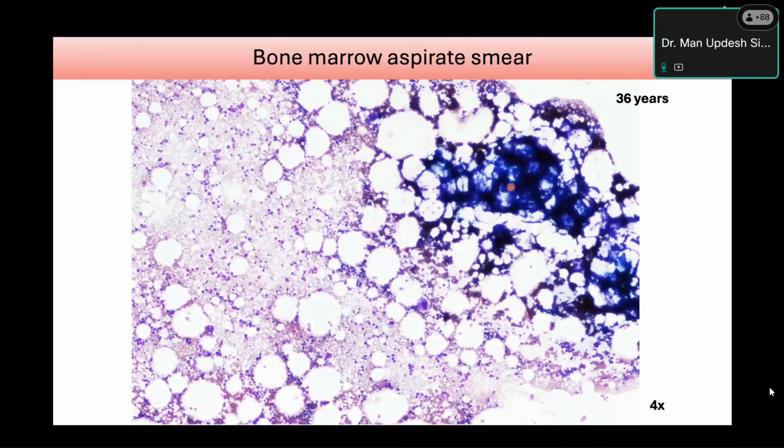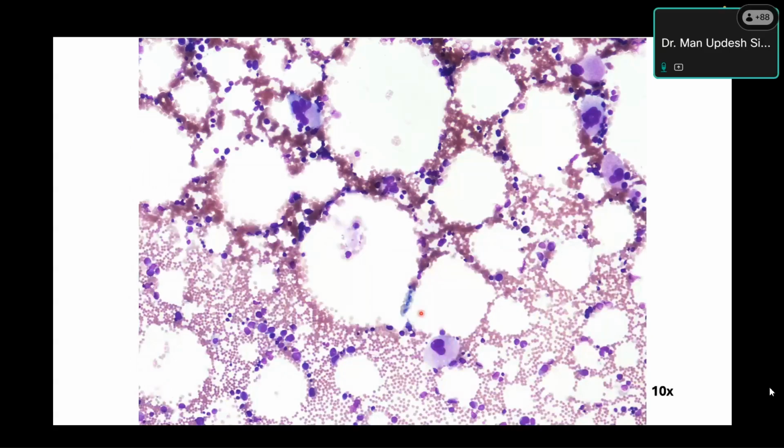For a 36 year old, this might be slightly lower on cellularity, more fat around, but somewhere mildly hypocellular to normocellular on aspirate. You see megakaryocytes on this bar also. Good megakaryocytes. Although the platelet counts were low, you see healthy megakaryocytes and other cells.